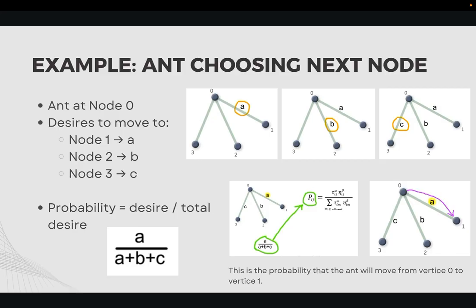So the probability of moving from node 0 to node 1 is A by A plus B plus C. This demonstrates how ants probabilistically choose paths rather than deterministically selecting just the shortest one.